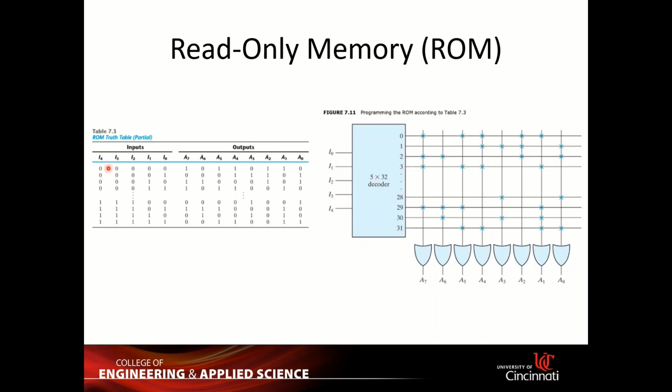So from 0 to 31 is 32 different addresses. For example, at address 0, you have 1 for A7 and so on. If you have a 1, you burn it. If you have a 0, you leave it intact. So you can encode 1 and 0 by just burning the fuse or not.